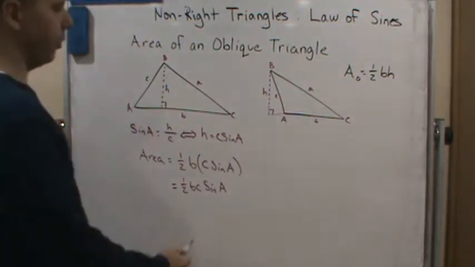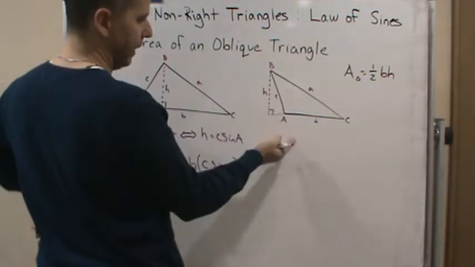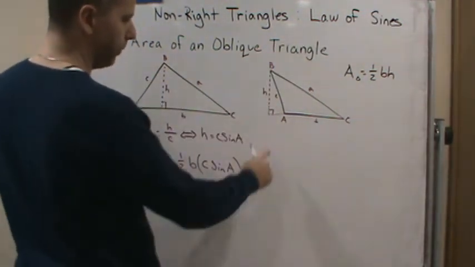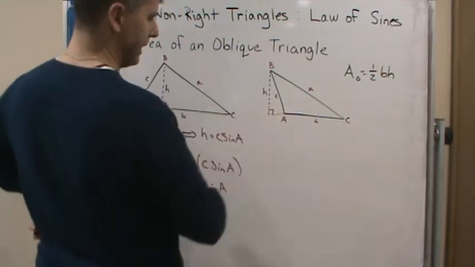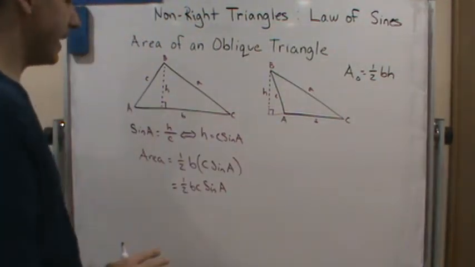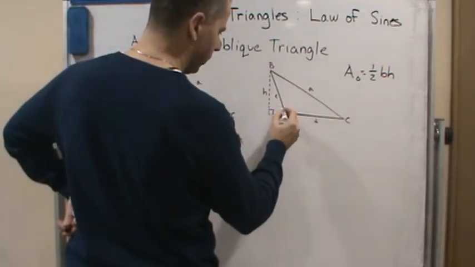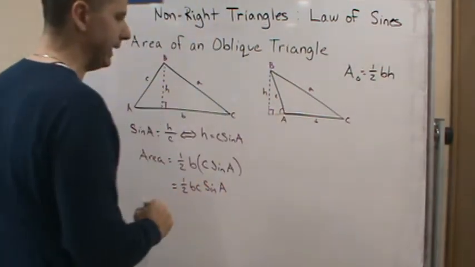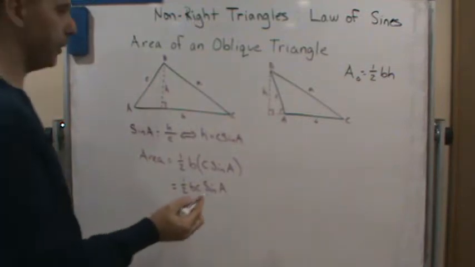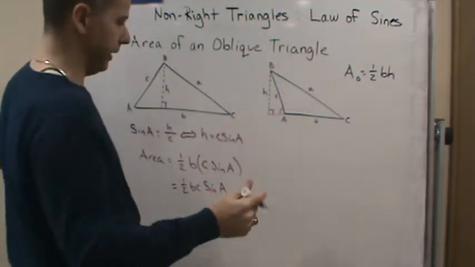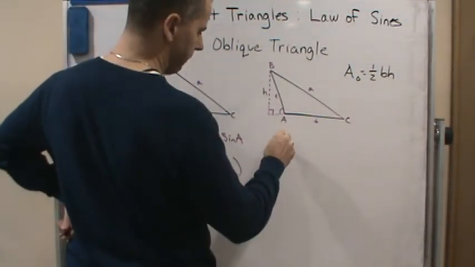Okay, so now, what about the obtuse triangle? Well, now notice that we have to draw the altitude outside the triangle, perpendicular to the base when we extend it out. So in this case, instead of angle A, we're going to use this angle here, which is the supplement of A. Okay, so we'll call it A prime.